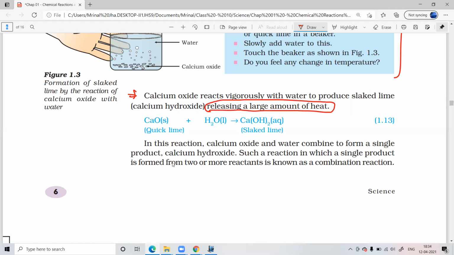It's called exothermic. Whenever heat is released, that kind of reaction is an exothermic reaction, which releases some amount of heat. So remember this example as an example of combination reaction, and also of exothermic reaction, because it releases some amount of heat.